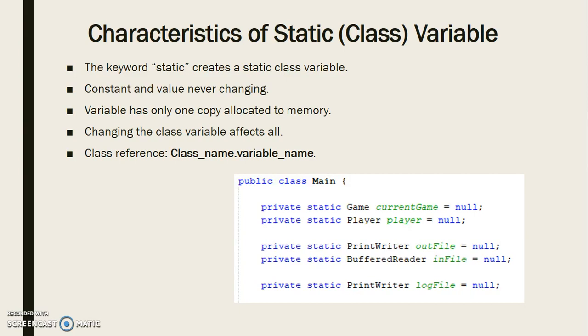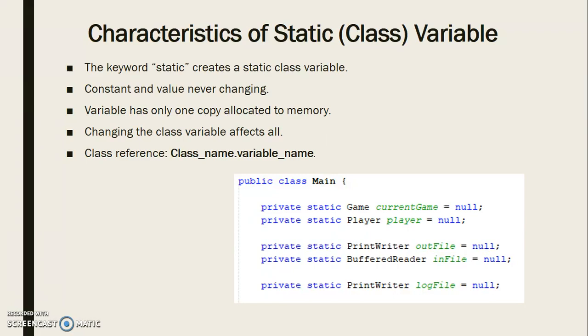Static variables are used with a reference that begins with the class name of the static variable, followed by a dot operator and then the variable name. Here's an example of some static variables we create in our main game class.